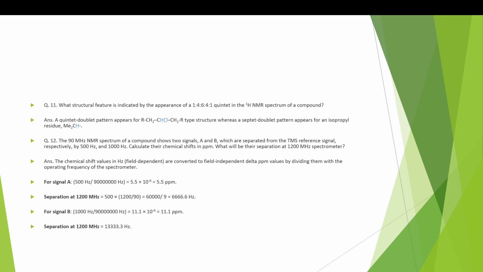The chemical shifts are noted in Hertz, which is field dependent. Now, how do we derive the delta ppm values? We simply divide the separation in Hertz by instrument frequency. Thus, we get signal A, delta 5.5 ppm, signal B, delta 11.1 ppm.